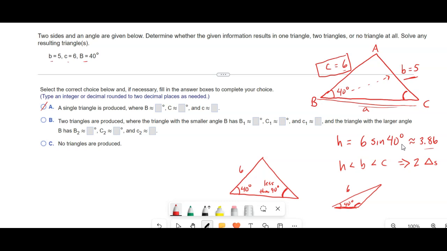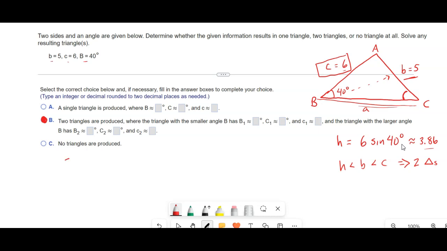And now this angle is an obtuse angle, and that could also produce something that has that property. So we get an obtuse angle and we get an acute angle for this angle C. So we're going to select 2 triangles are possible because b is not bigger than c, but b is larger than c sine B. All right, let's set it up to solve for angle C.